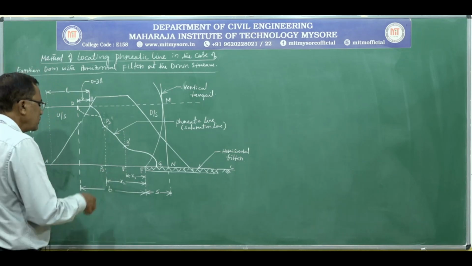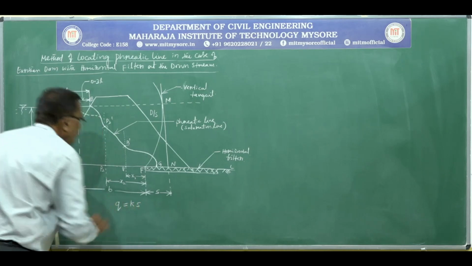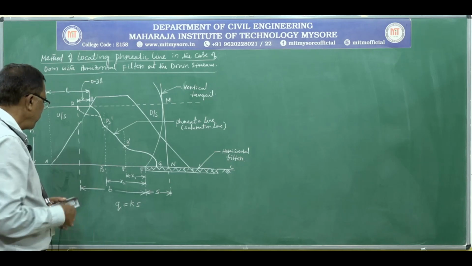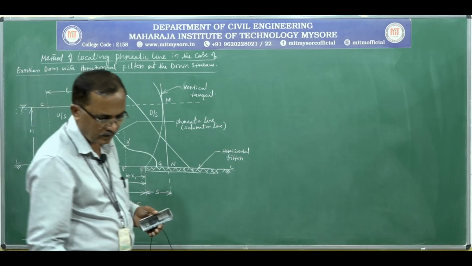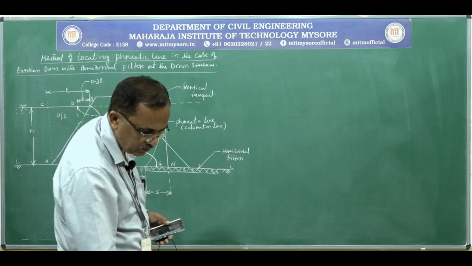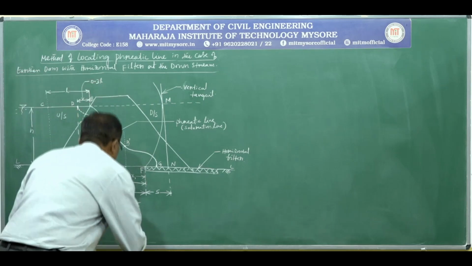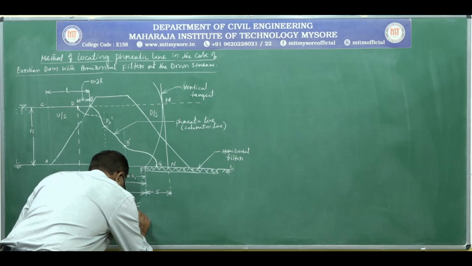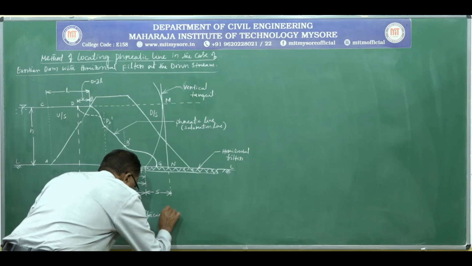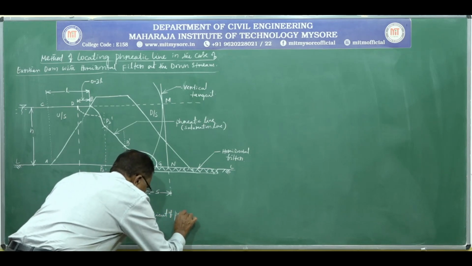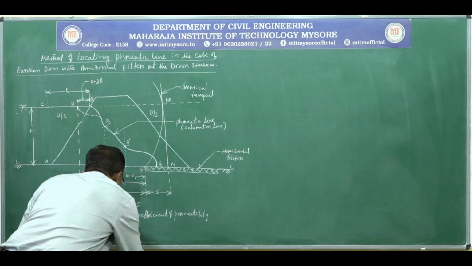The quantity of water flowing through the soil, Q is equal to K into S, where K is equal to the coefficient of permeability of soil and S is equal to the focal length.